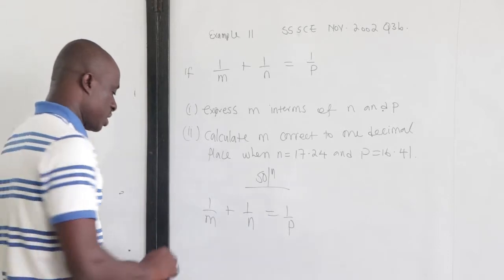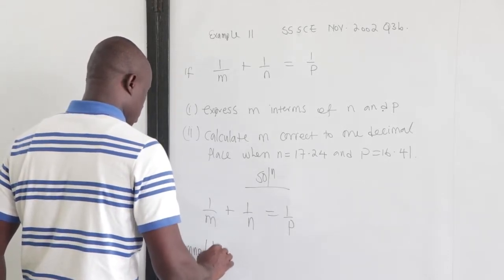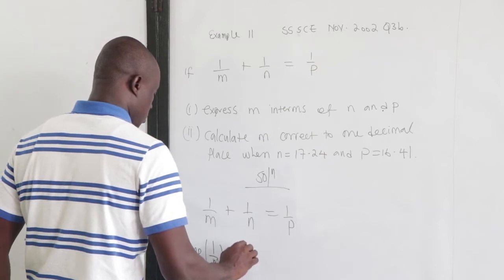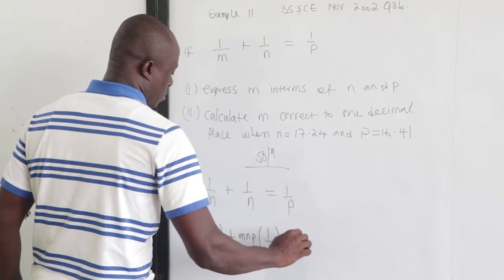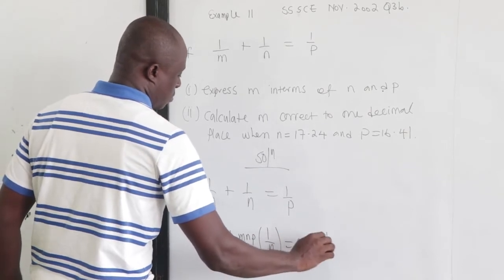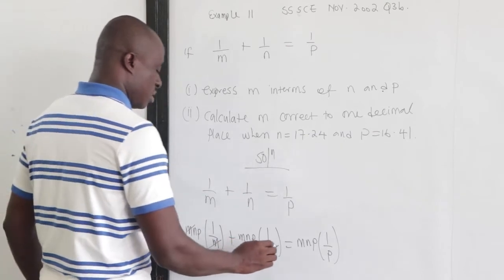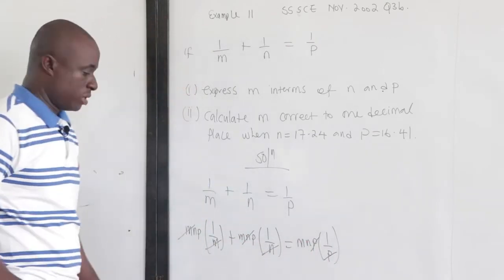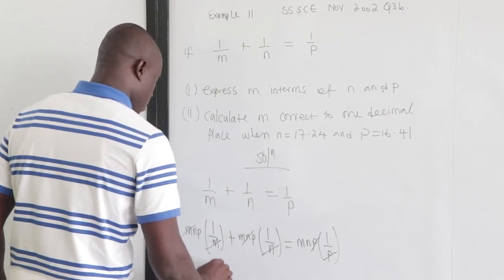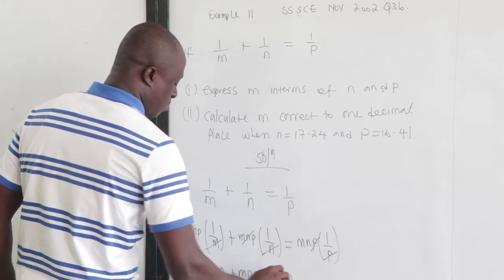So we multiply each term by the LCM. What can we see? This m is cancelling that m. This n is cancelling that n. The p here is also cancelling that p. So what do you have? We have np plus mp equal to mn.